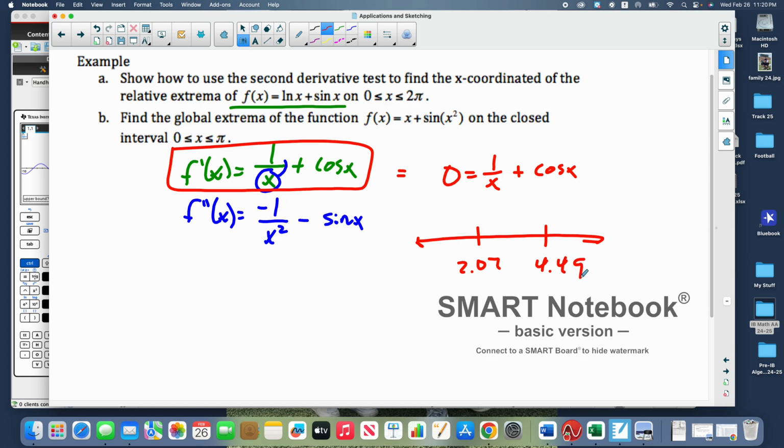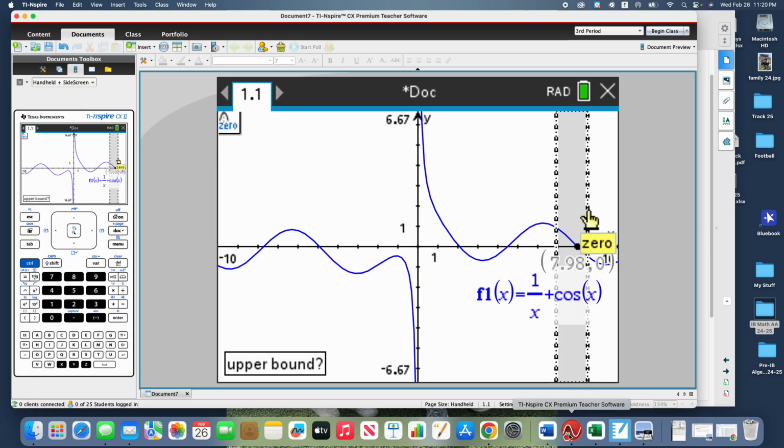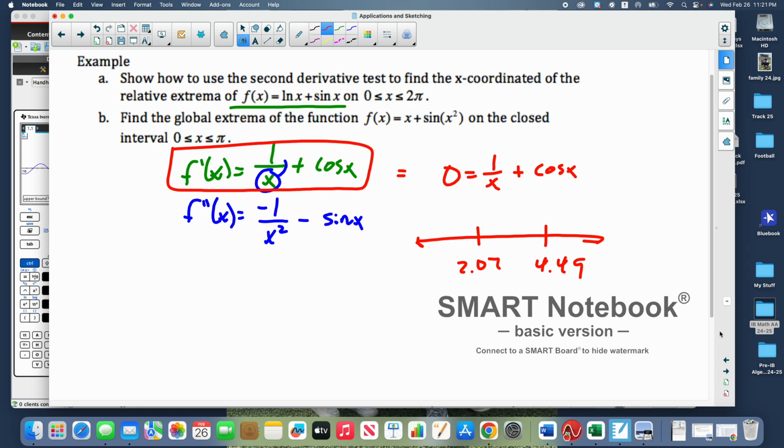Now I could test that, or technically I could look at the picture because we've been doing a lot of looking at pictures. It's above the x-axis, so it's positive to start, then it's below, so it's negative, and then it's positive again. All right, or I could plug in numbers, so positive, negative, positive, all right? And so this would be a maximum and this would be a minimum.